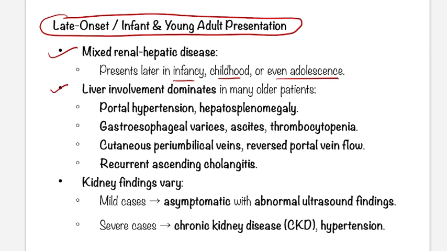In later age, liver involvement dominates in many older children. So if it presents later, liver manifestations are more important: portal hypertension, hepatosplenomegaly, esophageal varices, ascites, and recurrent ascending cholangitis. Kidney findings may vary, but the liver is definitely more severely involved in late onset or young adult presentation.